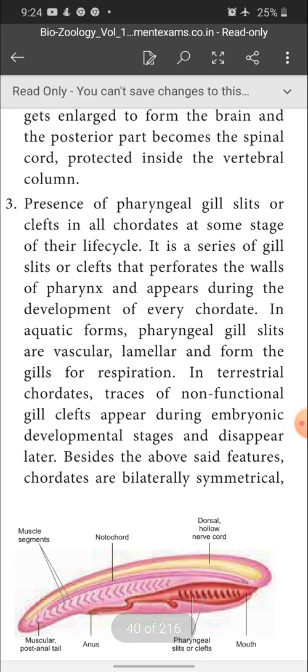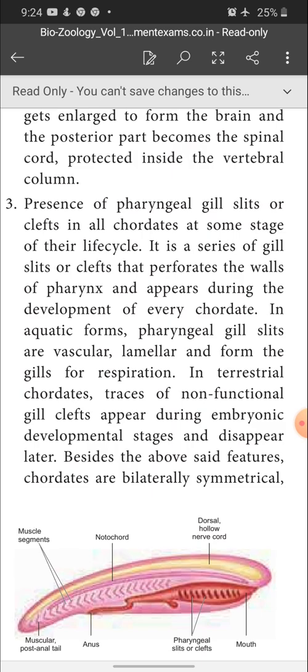Next is the presence of pharyngeal gill slits or clefts in all chordates at some stage of their life cycle. It is a series of gill slits or clefts that perforate the wall of the pharynx and appear during the development of every chordate. In aquatic forms, pharyngeal gill slits are vascular, lamellar, and form the gills for respiration.